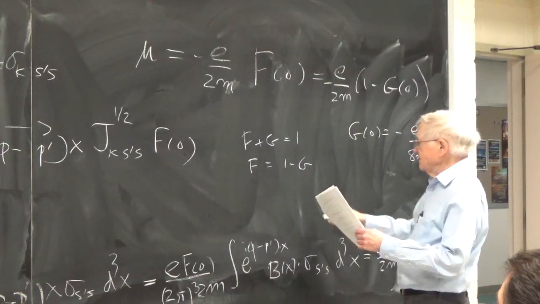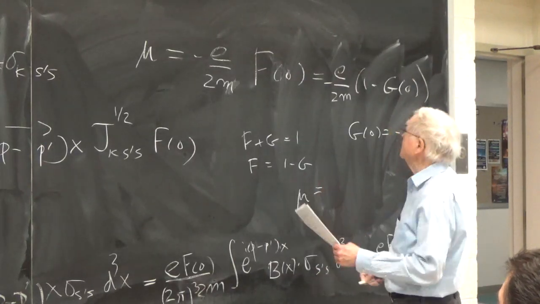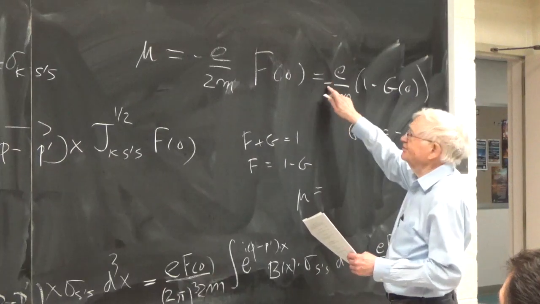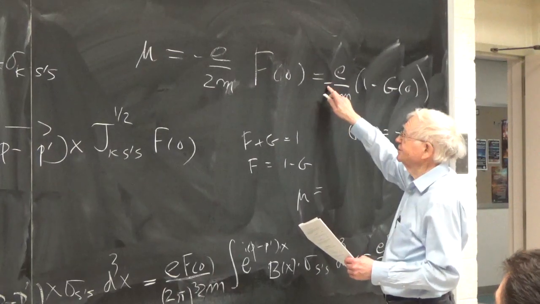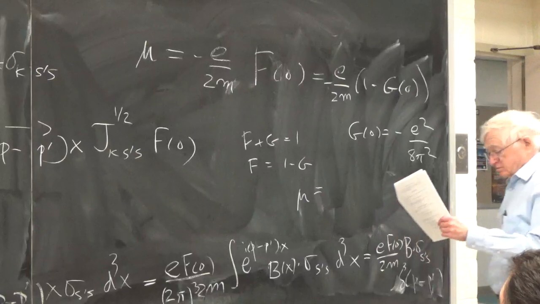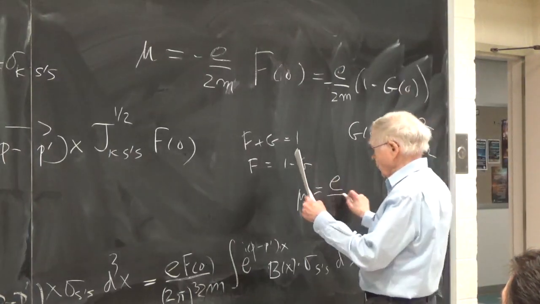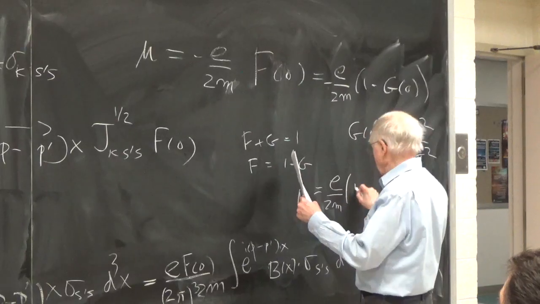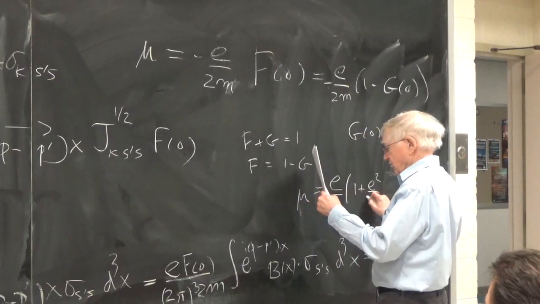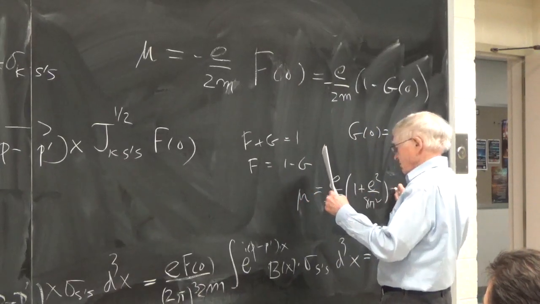And so we got the result that mu was, people blow away the minus sign, e over 2m, 1 plus e squared over 8 pi squared.